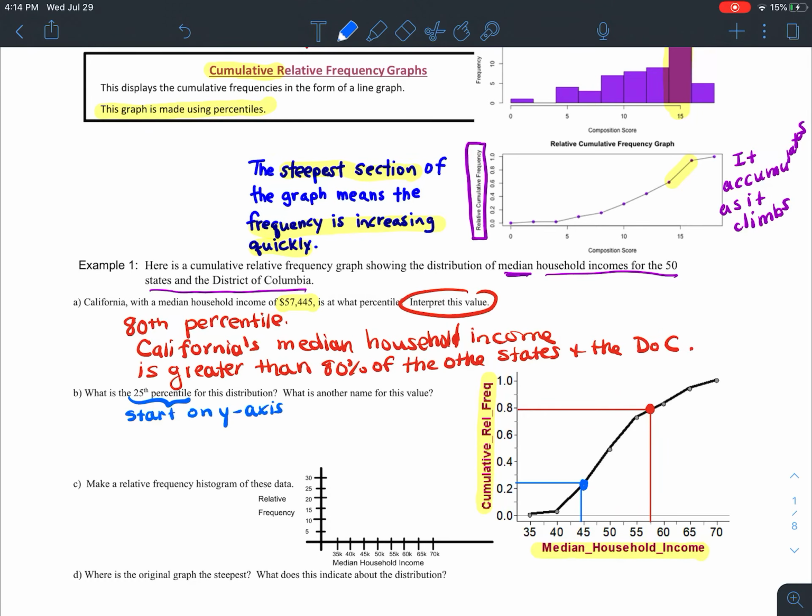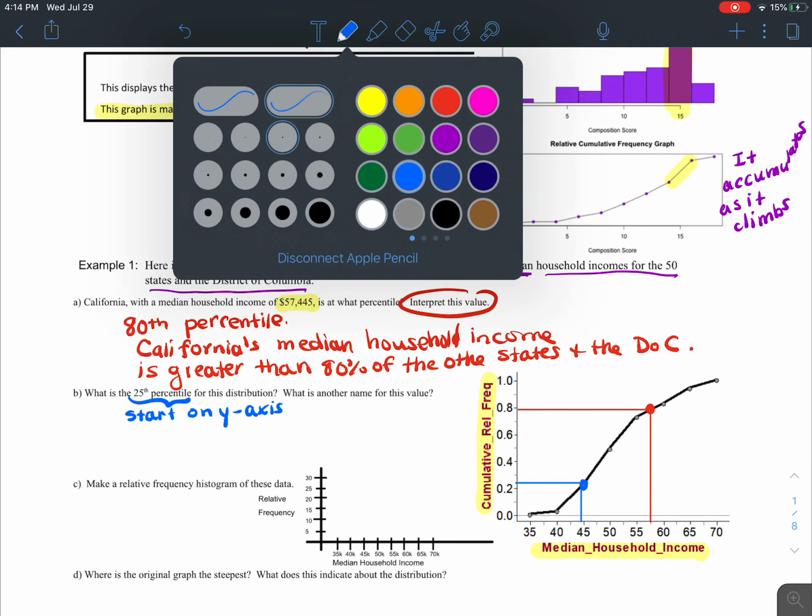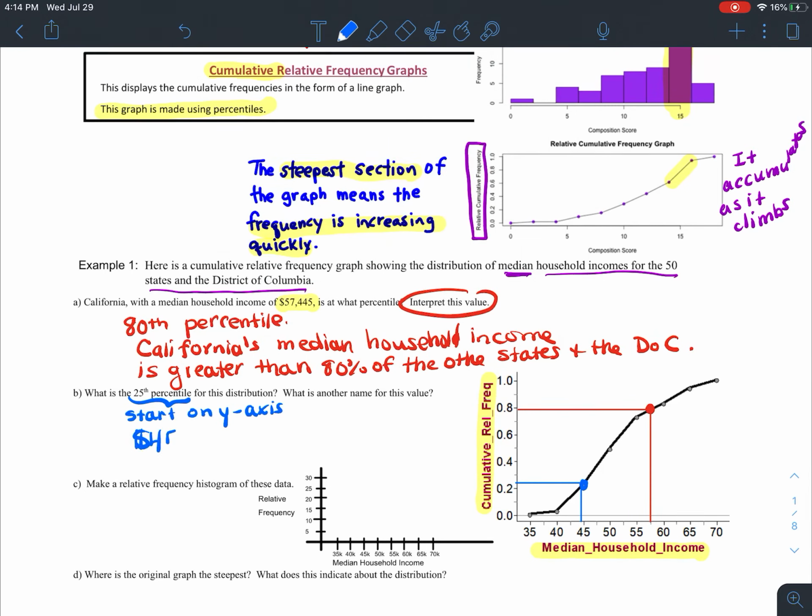Roughly, I'm going to call that $45,000 for the median household income for the 25th percentile. So what this is saying is that a state with a median household income of $45,000 is higher than 25% of other states.